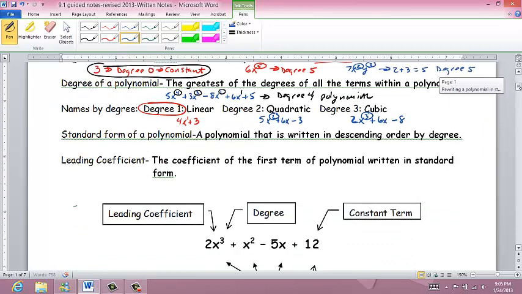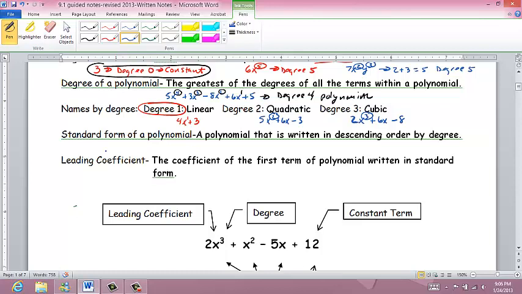Now, once we look at these polynomials, it's important to know what standard form of a polynomial is. Standard form is taking the polynomial and writing it in descending order by the degree. So if you look at all the examples I use, I always start with the highest degree and work my way down.